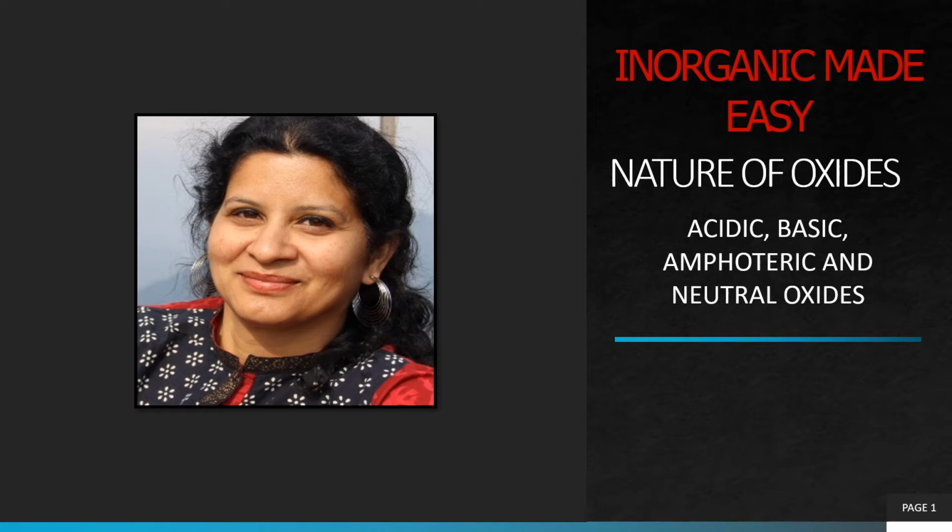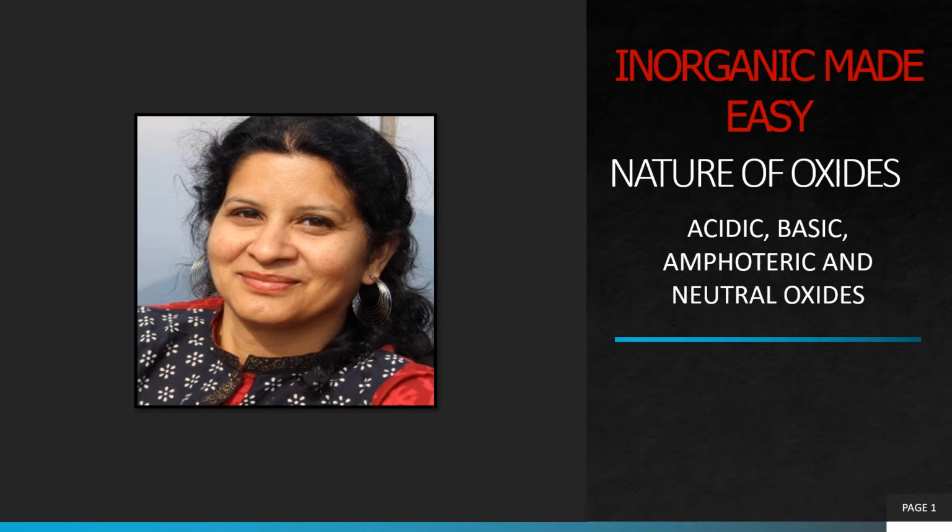Why is it so? The reason is that oxygen is the second most electronegative element that we have, and it combines with all the elements of the periodic table, leaving aside a few noble gases. In fact, even among the noble gases you will find compounds of xenon with oxygen, even krypton with oxygen.